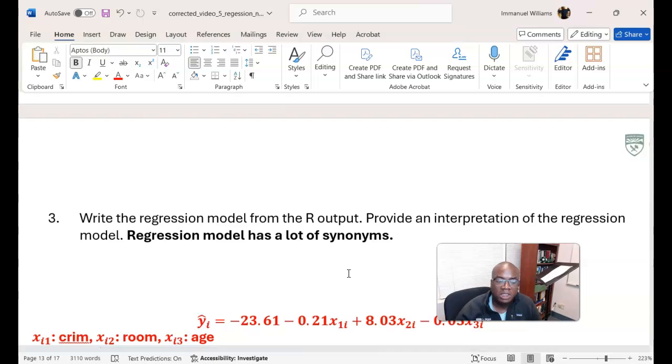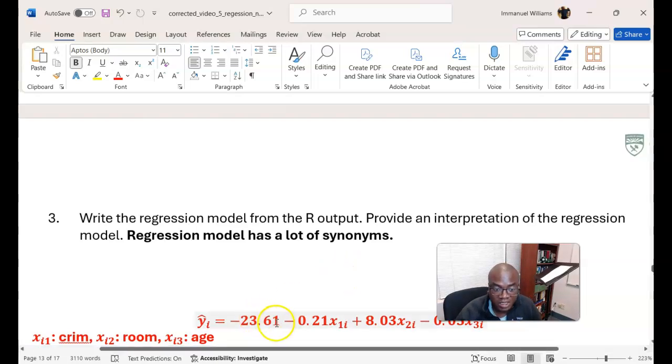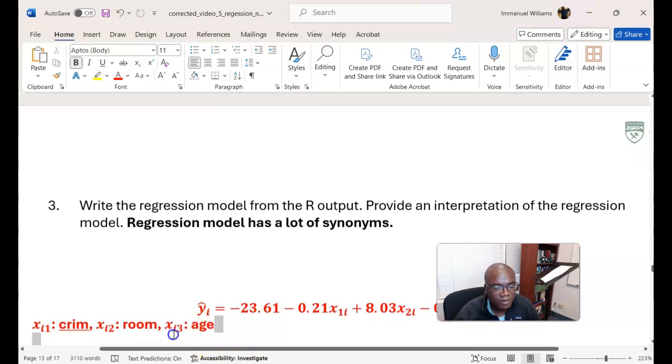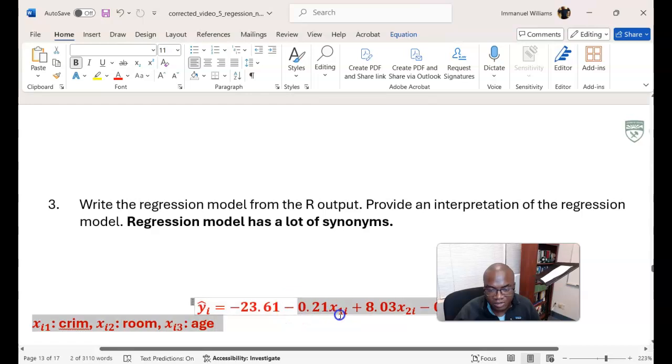So there are a couple things to note here. One of the first things to note is that you can't have an average median value be negative. It can't be negative. So logically speaking, in this context, it doesn't make sense. So take note of that. And then there's going to be something a little bit special when interpreting these 3 values.